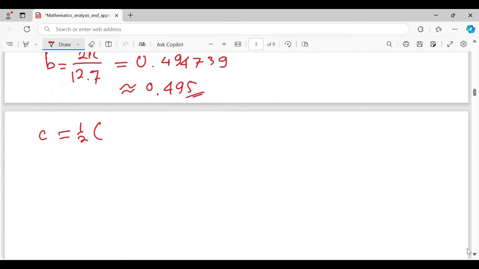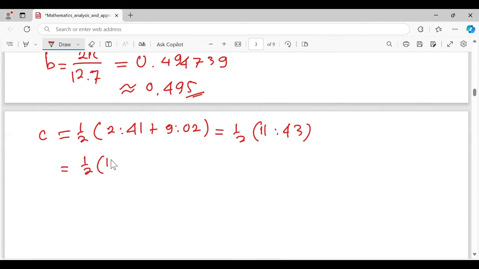But for this calculation, I will use the original time before conversion: 2:41 plus 9:02. Okay, 2 plus 9 is 11, 41 plus 2 is 43. So it's going to be half of 11 and 43 over 60.